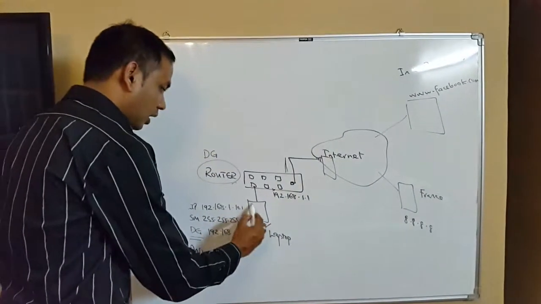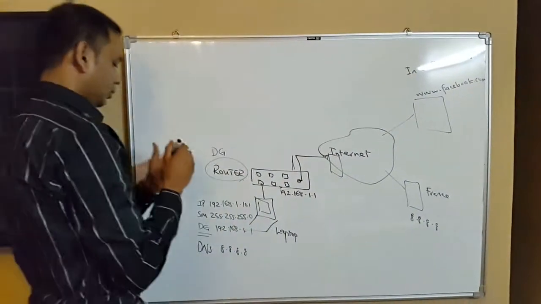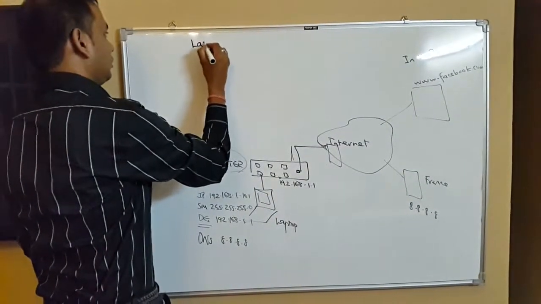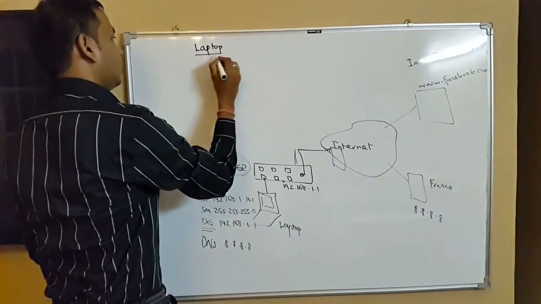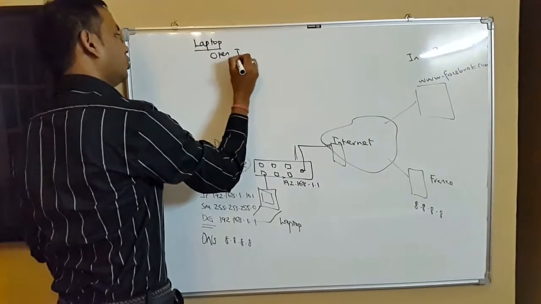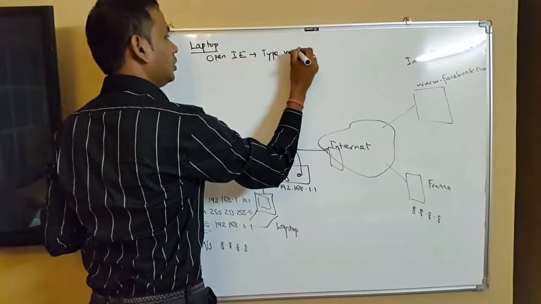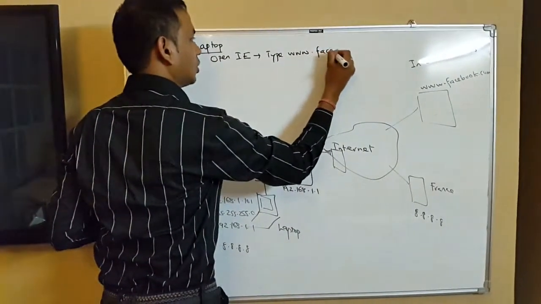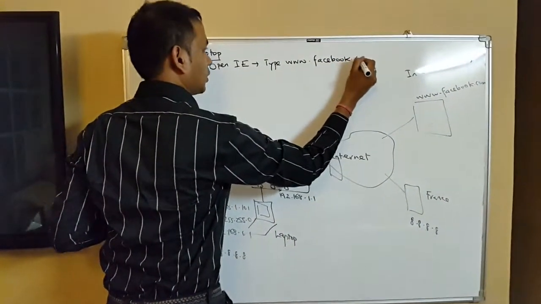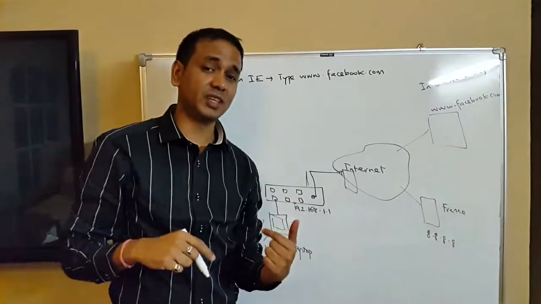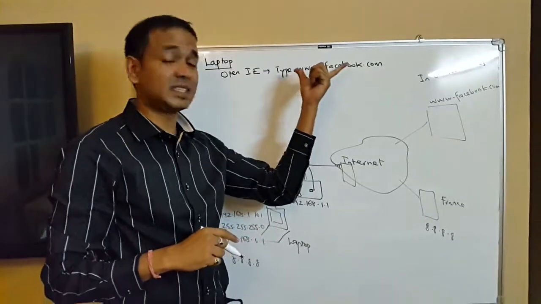I open a browser. Look what happened on the laptop now. I open, for example, Internet Explorer. I type www.facebook.com. What happens at this point in time, if you have seen my previous videos, is that this is a URL.